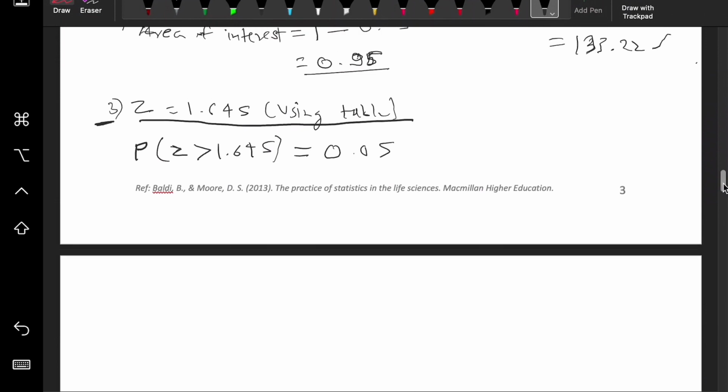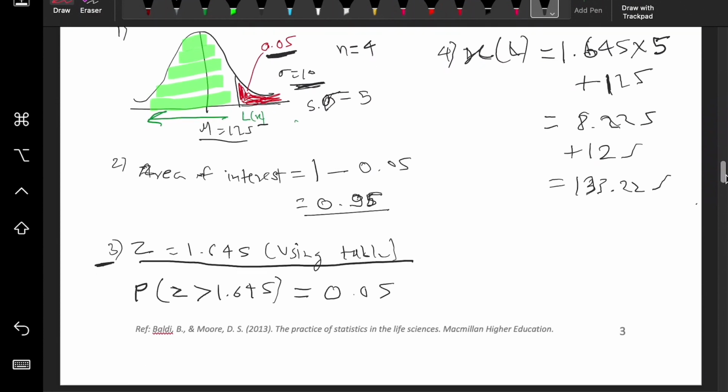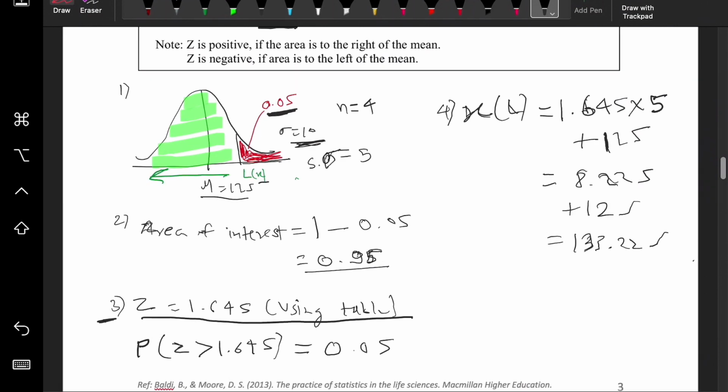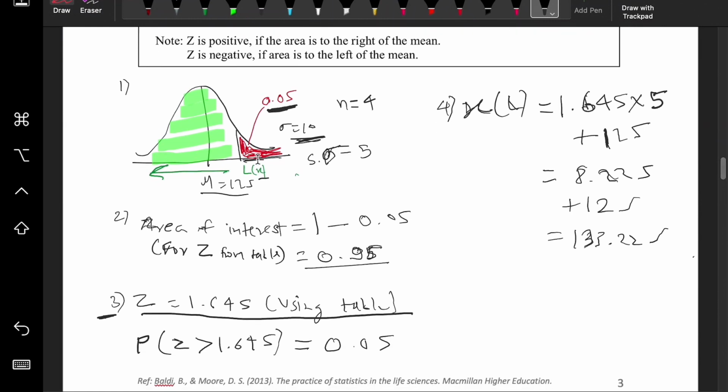But the z table gives you the area to the left of that particular L value or x value. Note that when we say area of interest over here, the area of interest is for z from the table. But if you look at the question, the original area of interest is the red one.